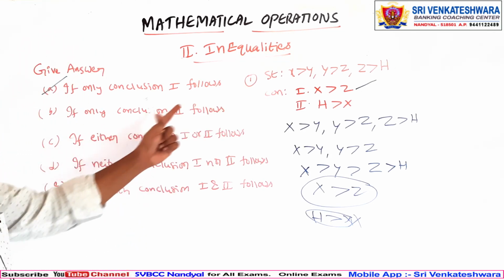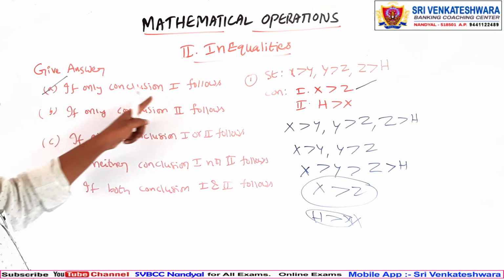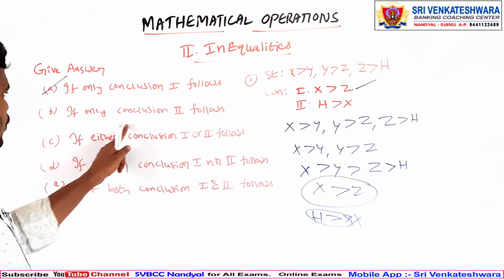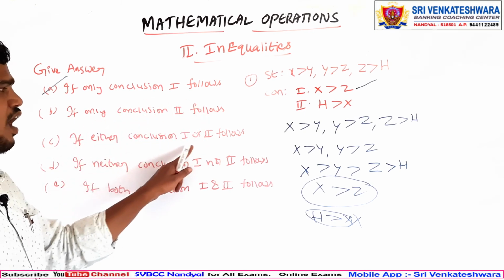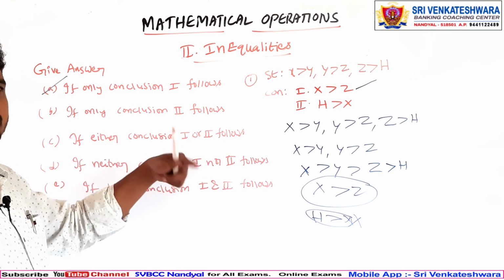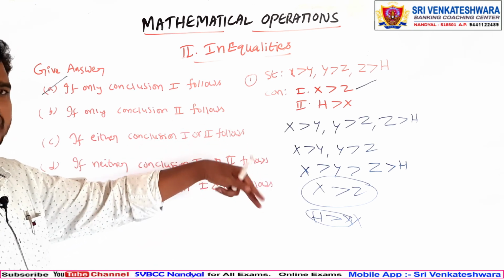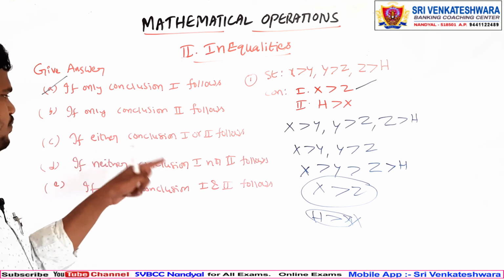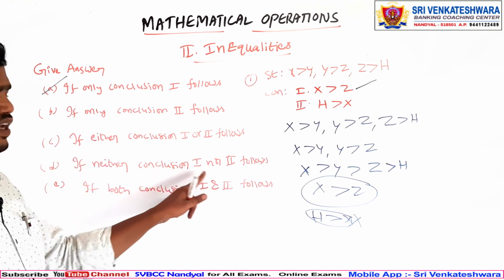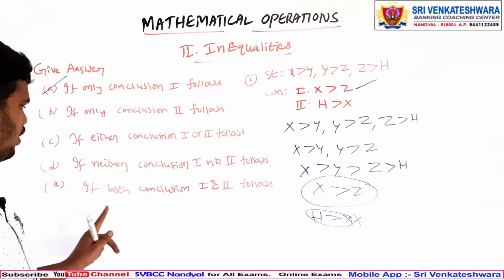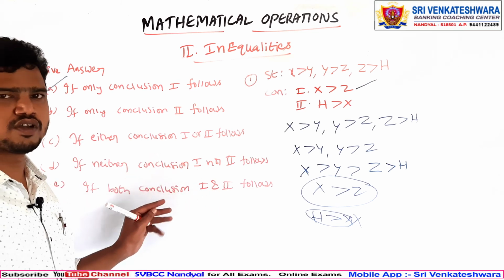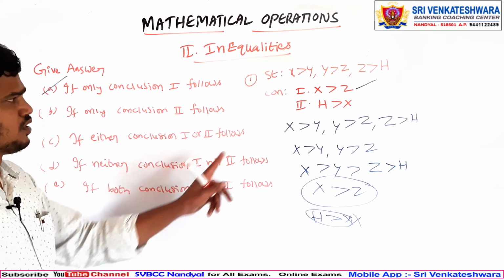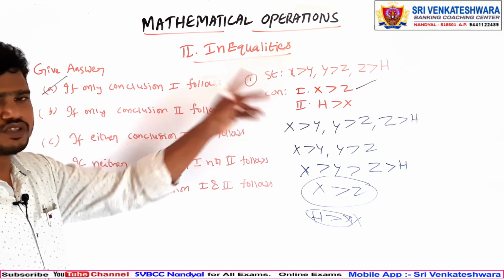For example, the options are: if only conclusion 1 follows, if only conclusion 2 follows, if either conclusion 1 or 2 follows, and if neither conclusion 1 nor 2 follows, meaning both do not follow. Or both follow. In this manner you can choose based upon the option that satisfies your conclusions. Okay.